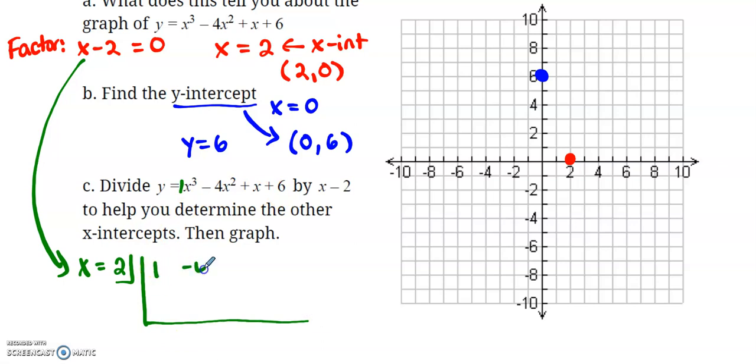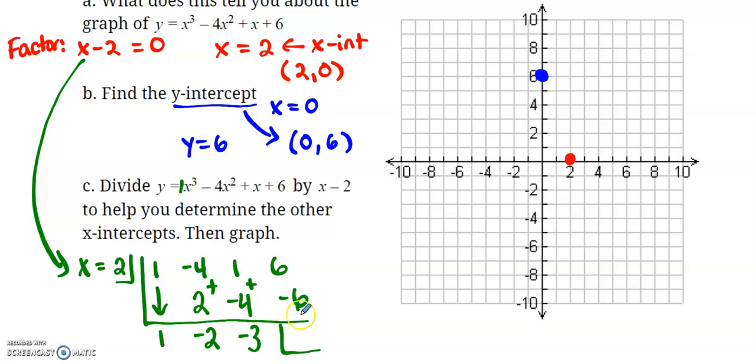So 1, -4, 1, and 6 are my leading coefficients, or my coefficients for each of my terms. So I drop my 1, I multiply and add, -2, -4, and if you'll notice, after I do my whole multiply, add, multiply, add, multiply, add, I get 0, yay, which I should have gotten.